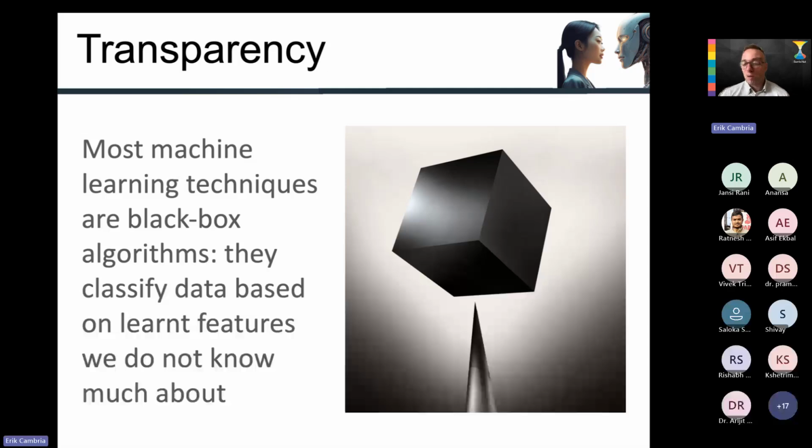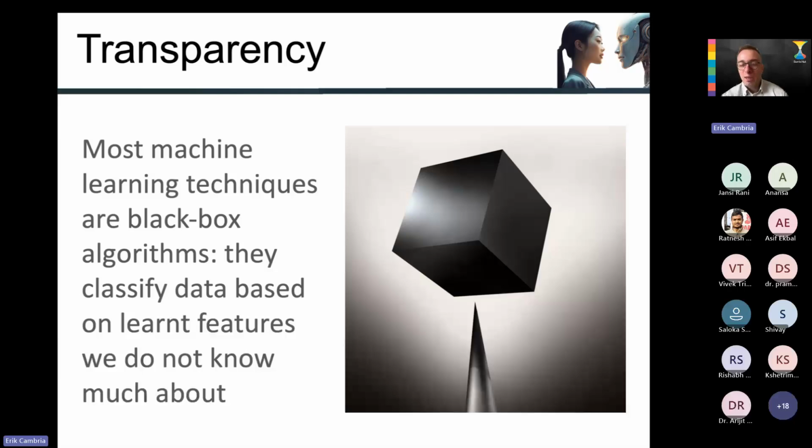But the most important issue, as I already mentioned, is transparency. Many of these models, especially neural networks, are black box algorithms. They learn from the training data set, and then they work pretty well for classification, but we don't really know what's happening inside.